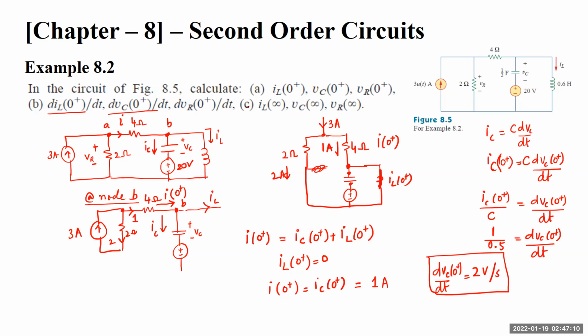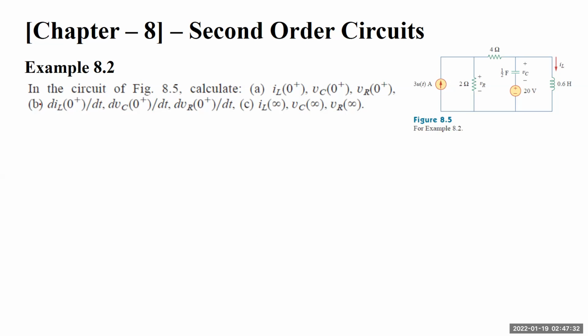So now let's calculate the rate of change of voltage across the resistor, or how this value of rate of change of voltage basically changes across this resistor. So, developing the circuit again, my circuit looks something like this.